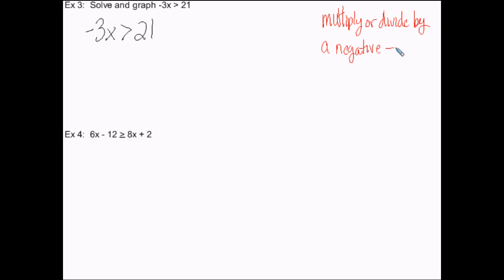We're negative. I'm just going to rewrite it so I can actually reach it well. Okay, now whenever we multiply or divide by a negative with an inequality, we have to flip the inequality.